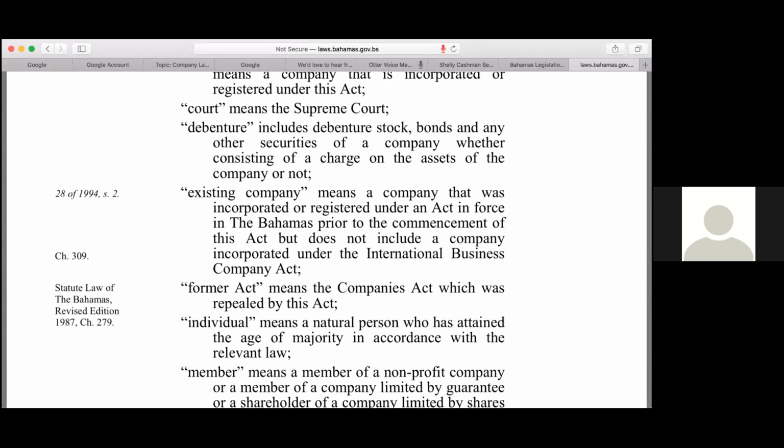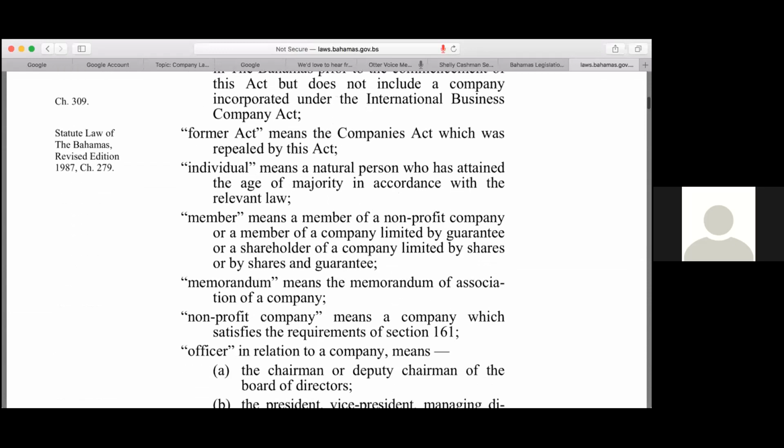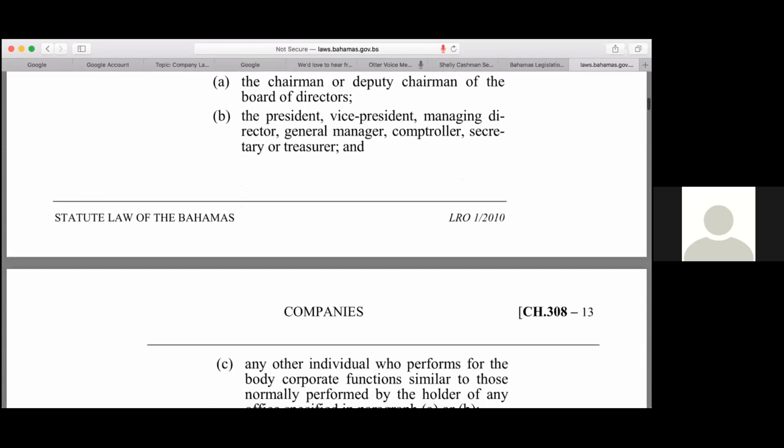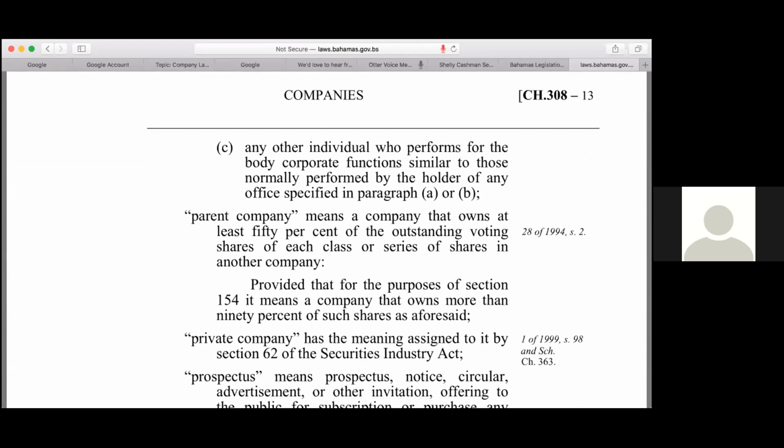It says, change of name shall not affect any rights or obligation of the company or render defective any legal proceedings. So no, it does not. Subsection 5.